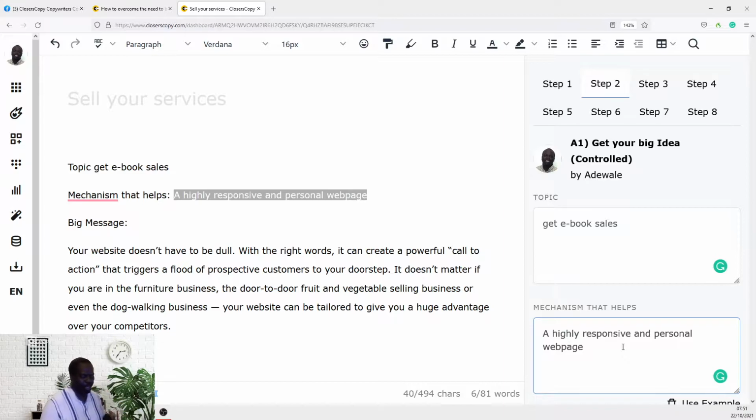And why do you need a mechanism that helps? So if, for example, your video tutorial is teaching people how to sell ebooks, obviously, but it's teaching people how to sell ebooks through using a responsive web page, or teaching people how to sell ebooks using an email system, right?